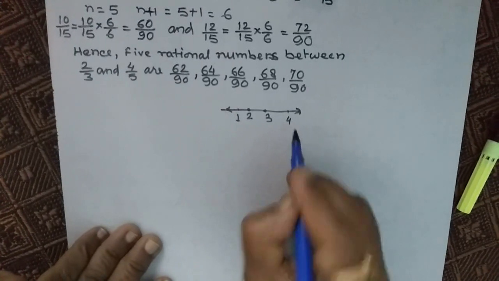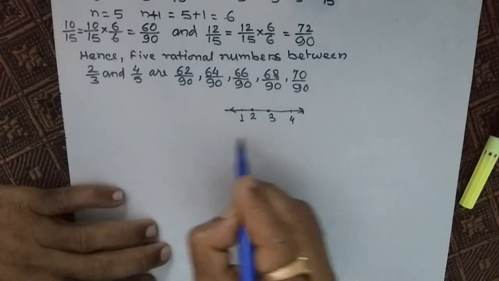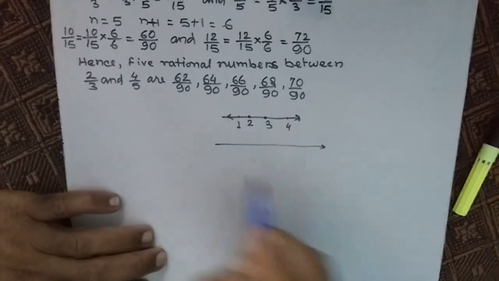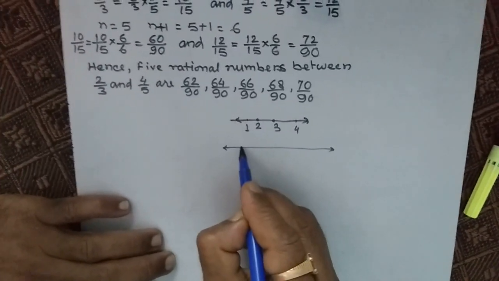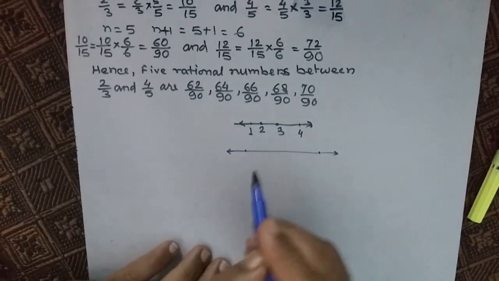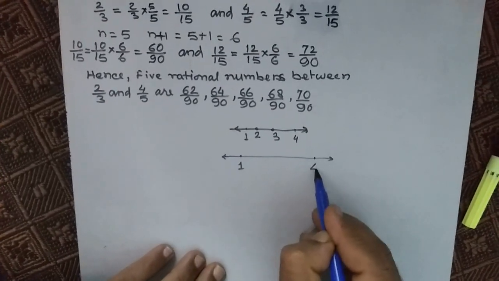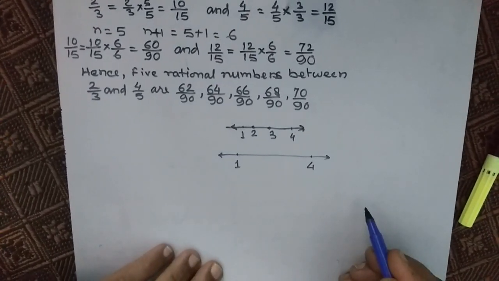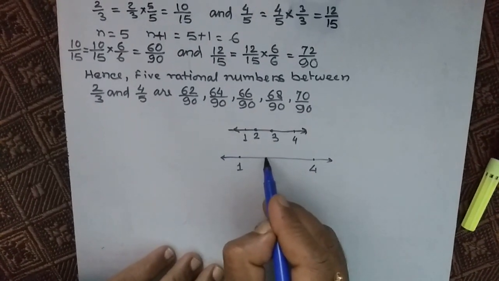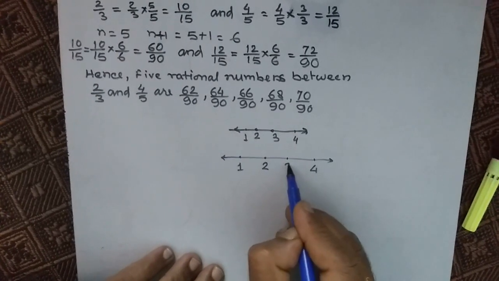But in case of the rational numbers, if you are taking two rational numbers, suppose again you have taken 1 and 4, and in between there are 2 and 3.